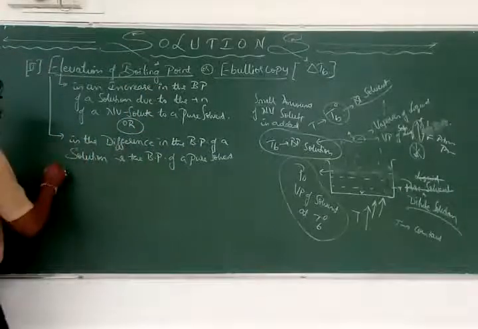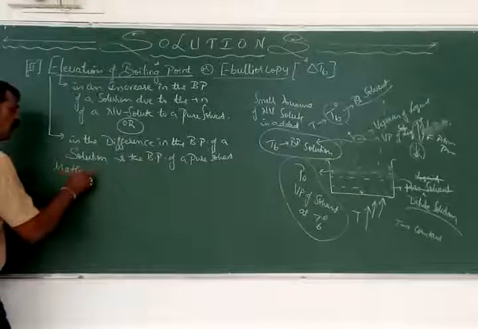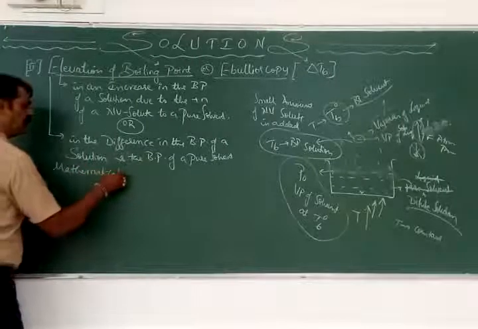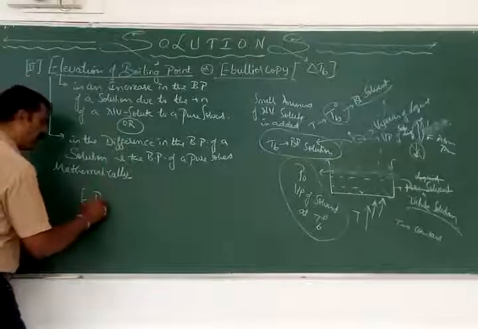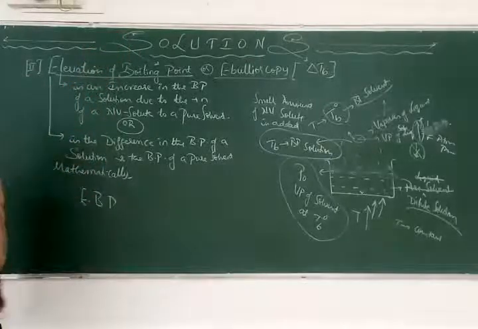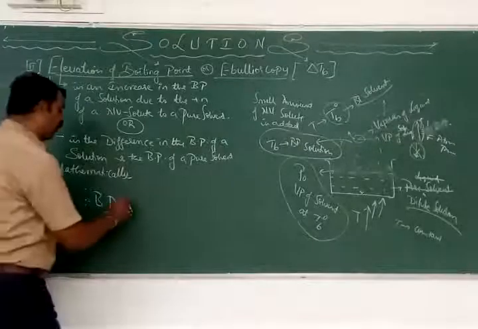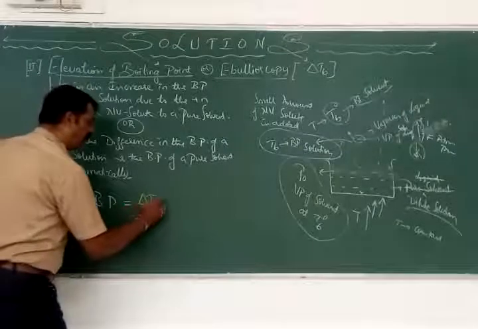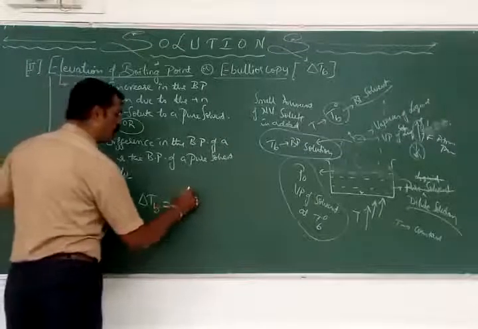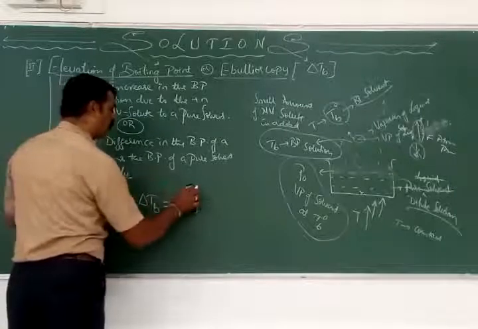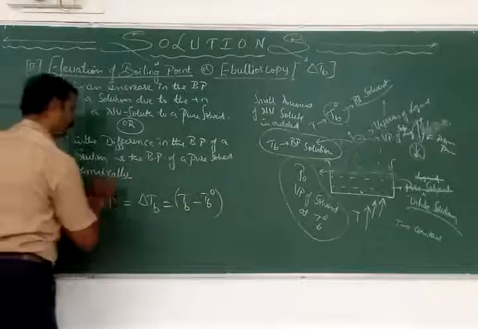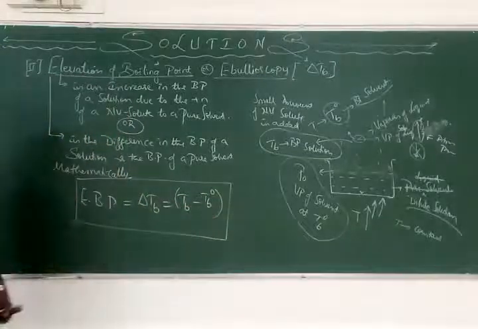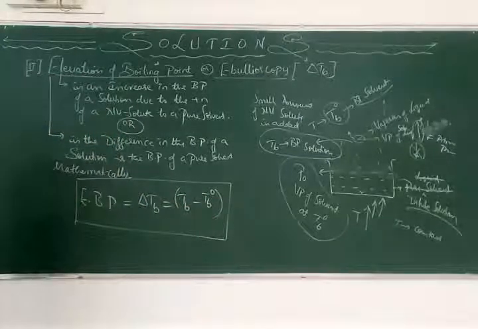So mathematically, how to mention this? Mathematically, EBP, elevation of boiling point, is given by delta TB, which is equal to TB minus TB naught. This is the mathematical concept with respect to the elevation of boiling point.